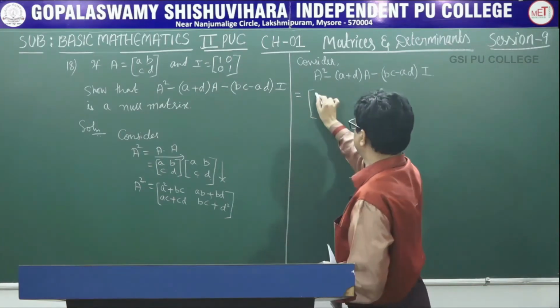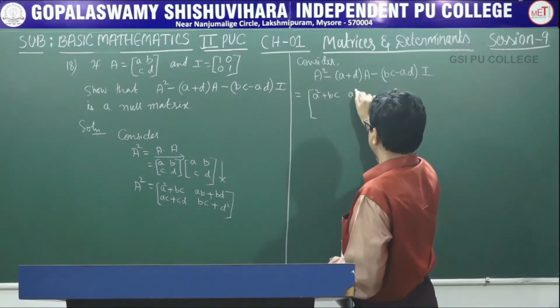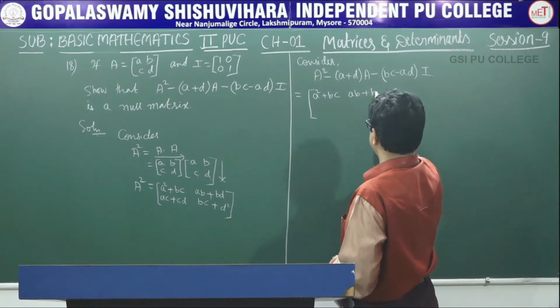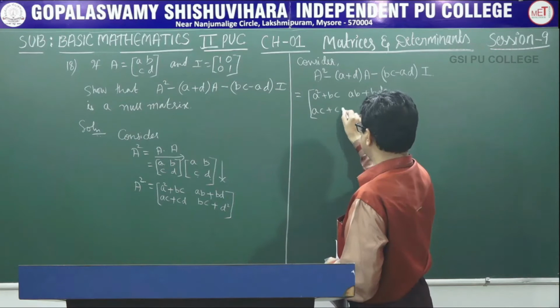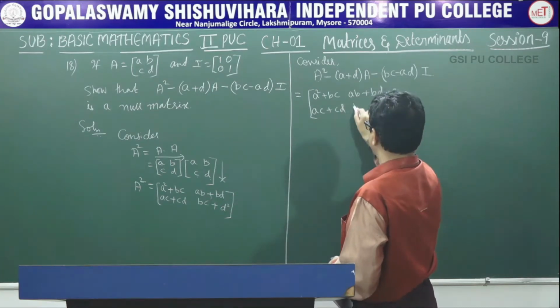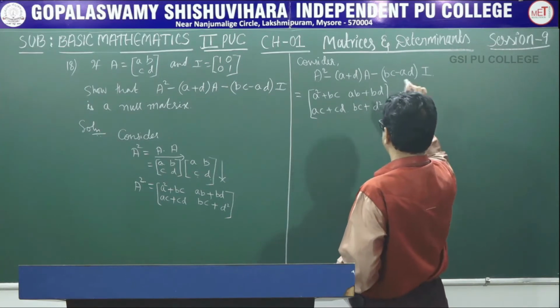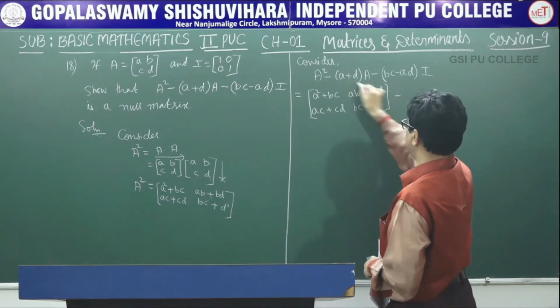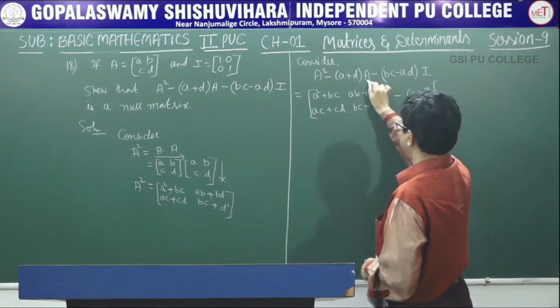You have to write A square plus BC, AB plus BD, AC plus CD, BC plus D square minus of A plus D into A matrix.